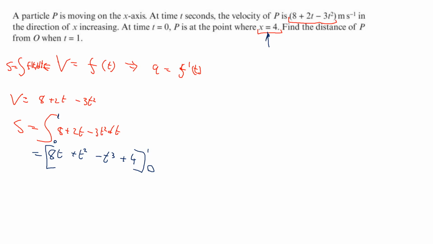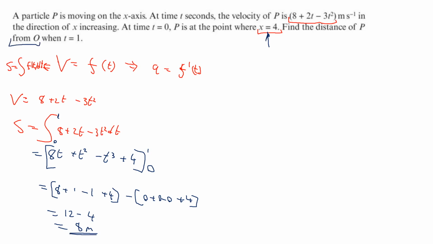So this is just going to be 8 plus 1 minus 1 plus 4, minus 0 plus 0 minus 0 plus 4, which is the same as 12 minus 4, which is equal to 8 meters. Okay? So it's 8 meters away from the origin.